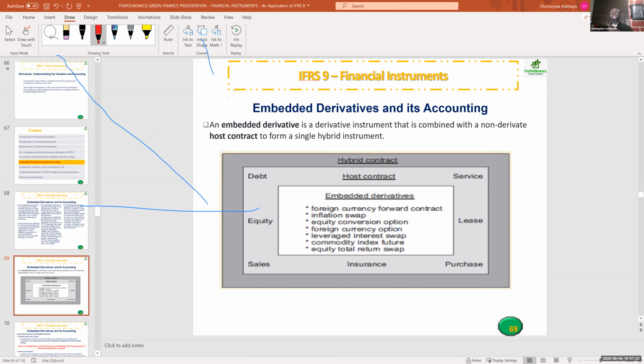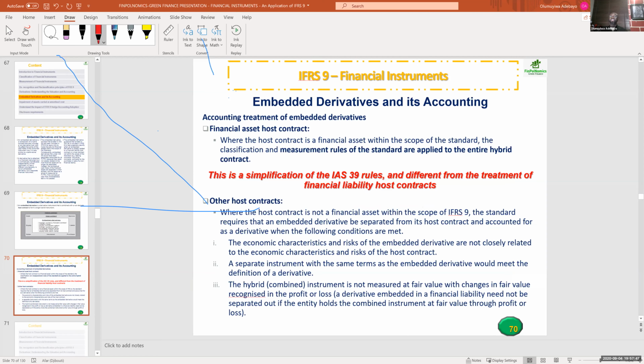But those ones are advanced level of securitization or synthetic creation of instruments. Okay, but in this case, we are saying that whenever you attach a derivative to a host contract, in that situation, you have what we call an embedded derivative. Now, when we have an embedded derivative, what is our concern?